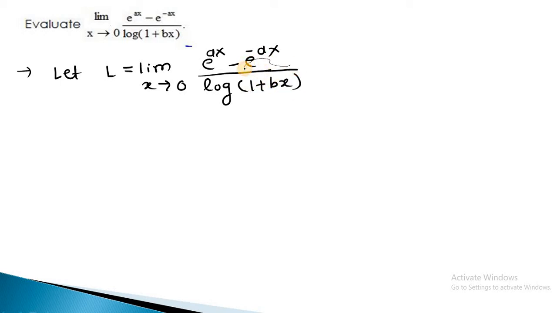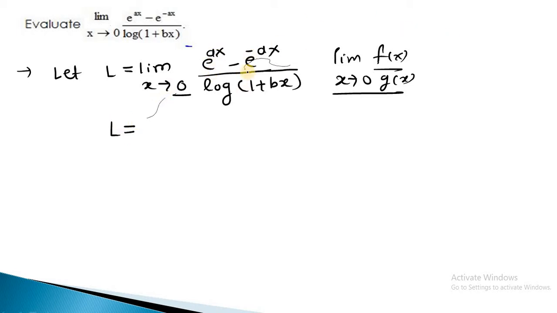Okay. So this is of the type f of x upon g of x, limit as x tends to 0. Now substitute the limit value x is 0 and find the value of L.